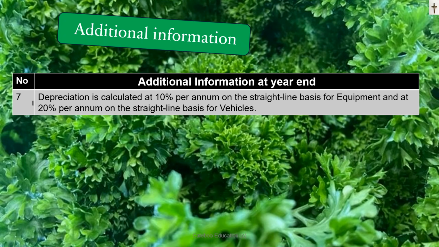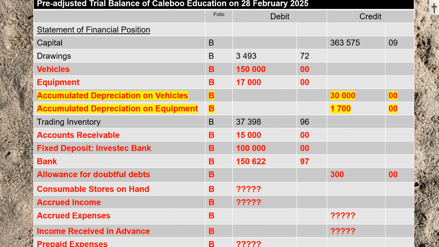Right, number 7, we've done a lot of depreciation, so I can go through this quite quickly. But the depreciation is 10% per annum on a straight line basis for equipment, and 20% per annum on the straight line basis for vehicles. So this accumulated balance here for these two non-current assets, it's already 30,000 and 1,700, but you still need to do this adjustment. So we've had this vehicle or these vehicles and this equipment for a period of time, and there is already depreciation on the non-current assets, but we still need to do it for the current year.